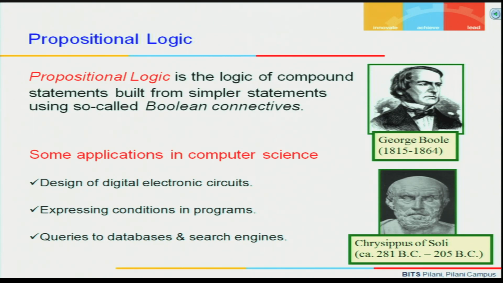Because you are all dealing with prepositions, and prepositions always assume values either 0 or 1, the operators that are operated on them are called Boolean connectives or Boolean operators. The name is so nicely put there. Because they are operating on Boolean values, they are called Boolean connectives.